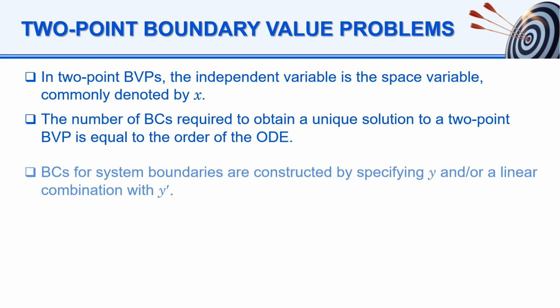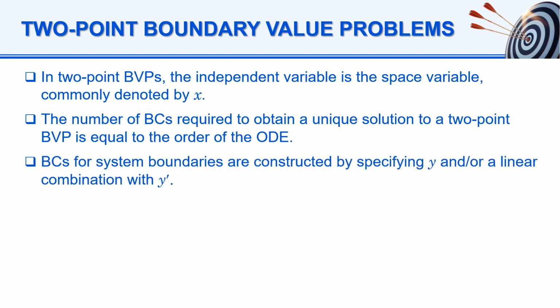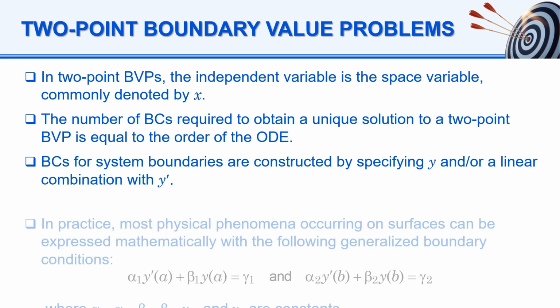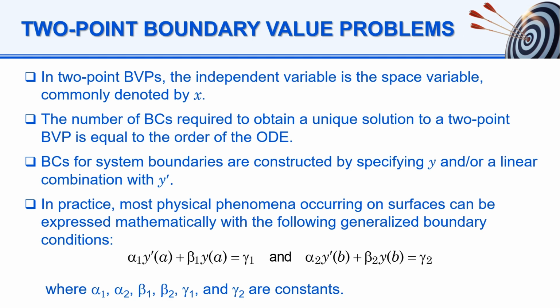Boundary conditions for system boundaries are constructed by specifying y and/or a linear combination with y prime. In practice, most physical phenomena occurring on surfaces can be expressed mathematically with the following generalized boundary conditions, where alpha 1, alpha 2, beta 1, beta 2, gamma 1, and gamma 2 are constants.